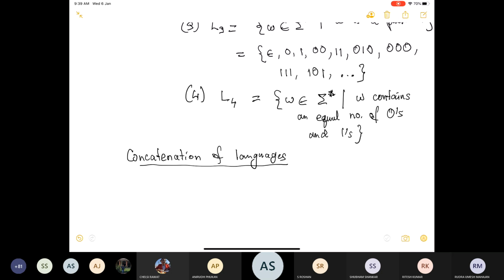If L1 and L2 are languages, then L1 L2, I'm just dropping that dot, is the set of all strings UV, that is U concatenated with V, such that U belongs to L1 and V belongs to L2.